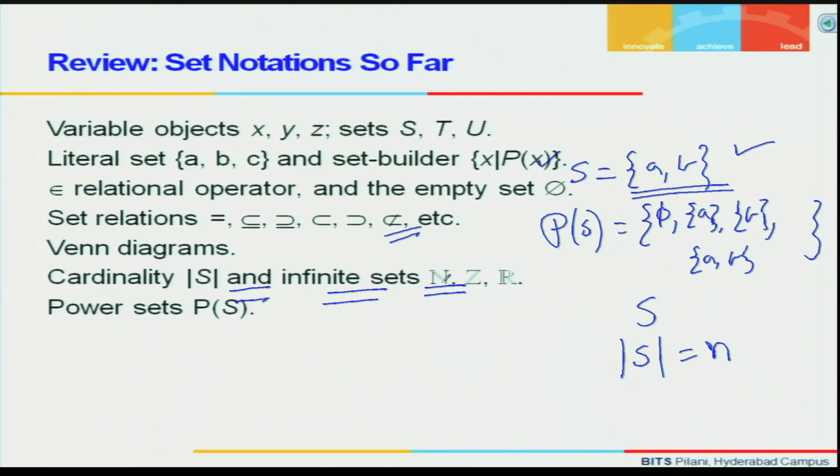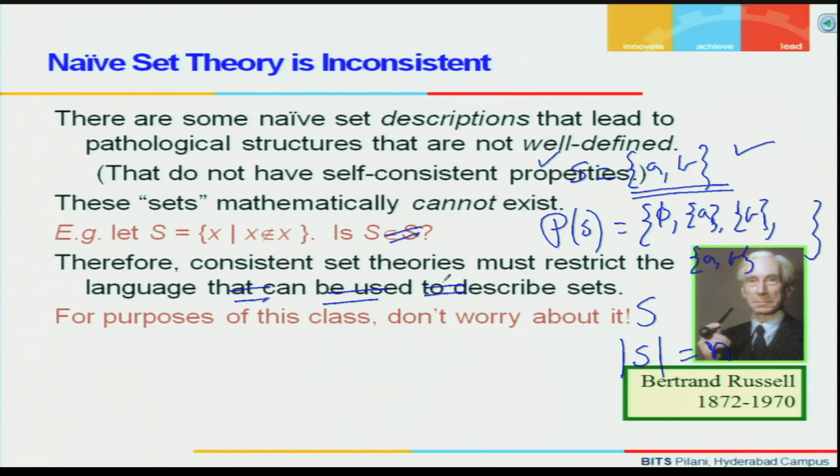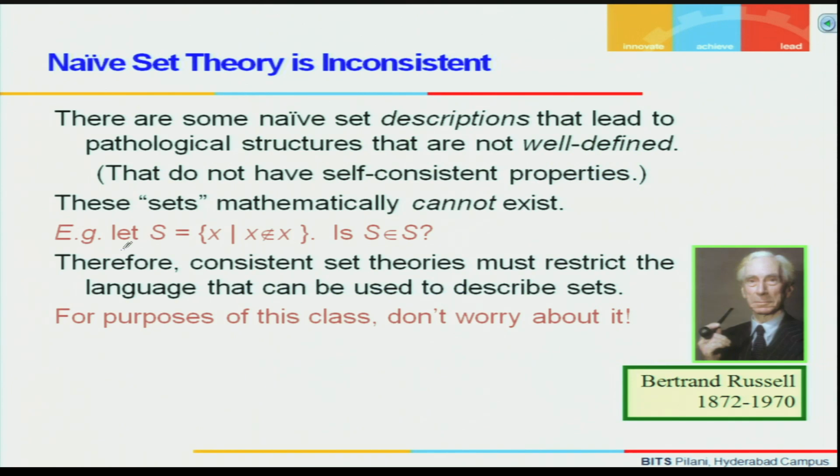We just had some notations about set theory. As I told, naive set theory is inconsistent. Why? Because the very definition of set theory and some axioms laid down will enable us to define sets like this. Look at this set.